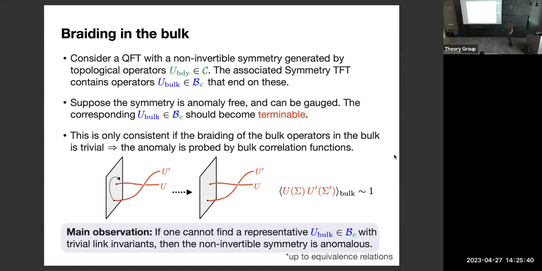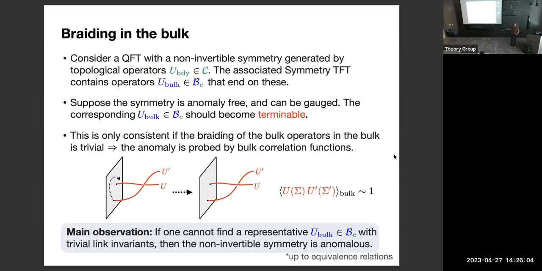Now, this is only consistent, that the bulk operators become terminable upon gauging the symmetry, if the braiding of the operators in the bulk is trivial. And that's exactly because, say I have operators in this red class that are terminable on the topological boundary. Everything's topological.